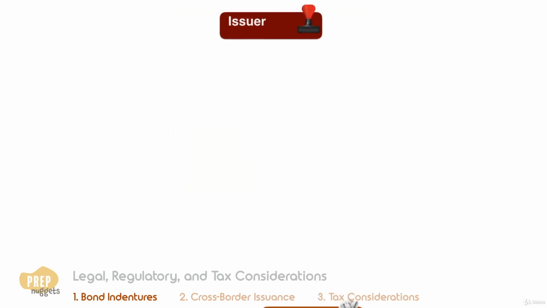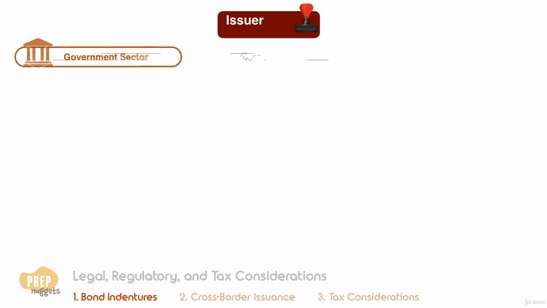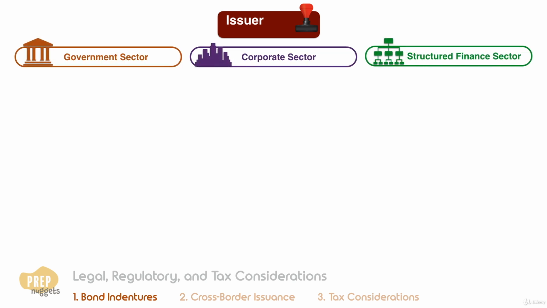The first item that a potential investor has to note is the issuer of the bond. Bonds can be issued by several types of legal entities, and bondholders must be aware of which entity has actually promised to make the interest and principal payments. We have, in the last lesson, learnt that there are 3 main sectors where bonds are issued: the government sector, the corporate sector, and the structured finance sector.